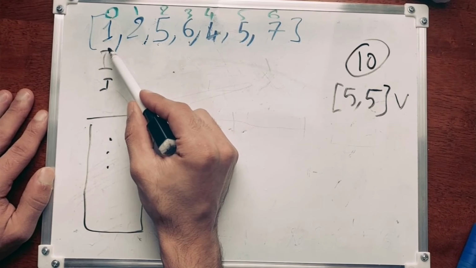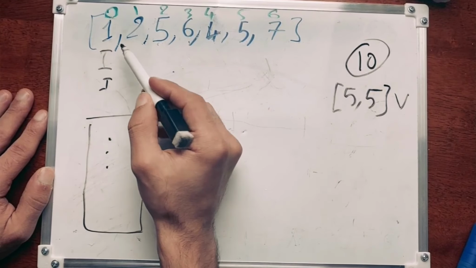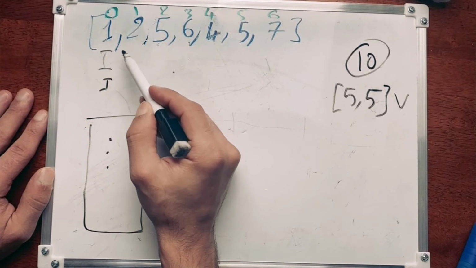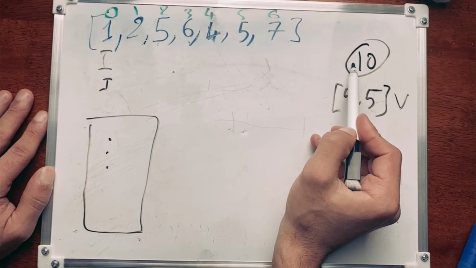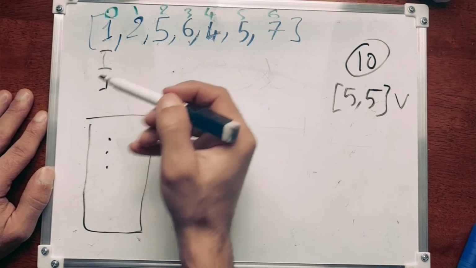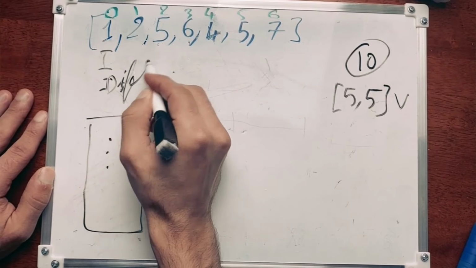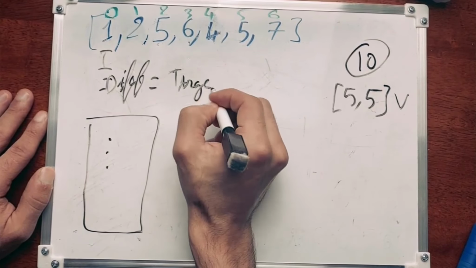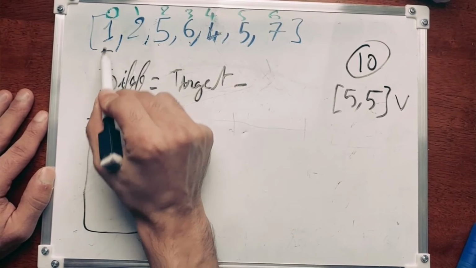On every iteration, before we insert it, we calculate whether that's the value we are looking for by making use of the 10, the target that is provided. So the formula would be: diff equals the target minus the element we are pointing to.